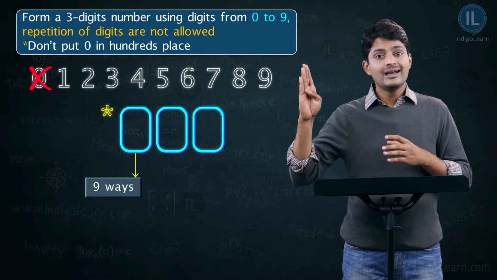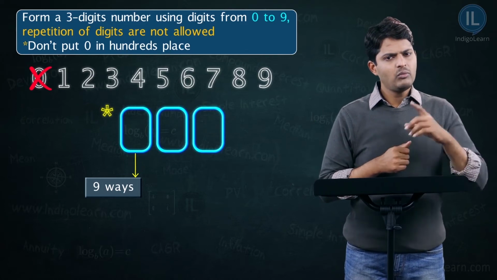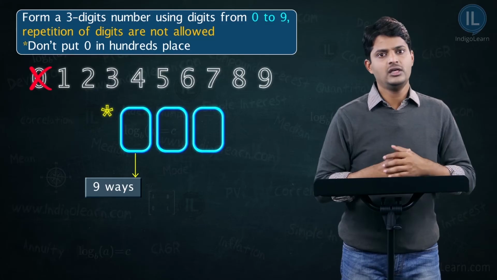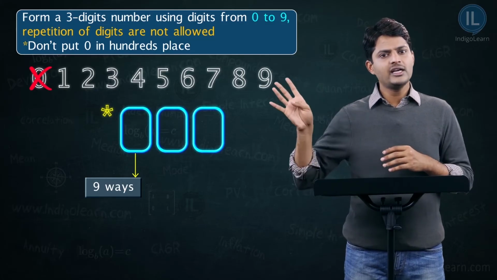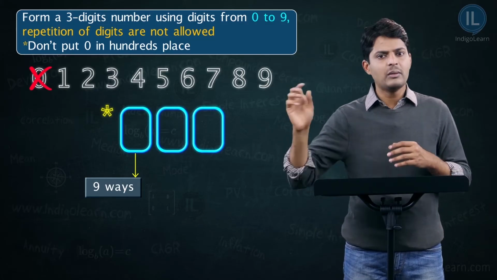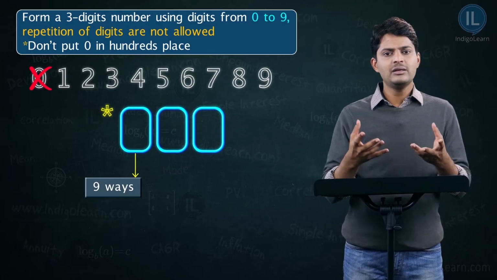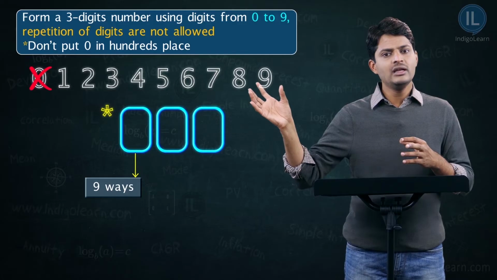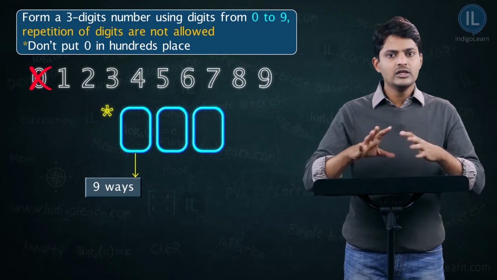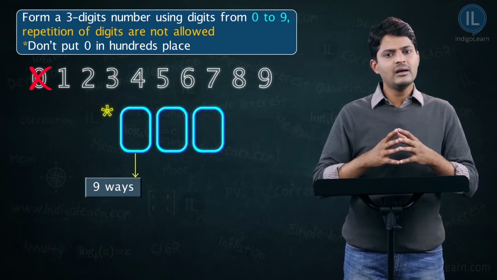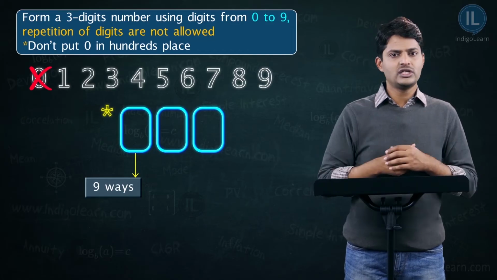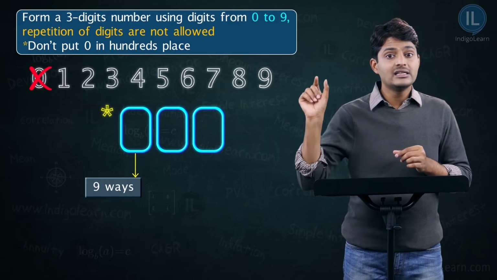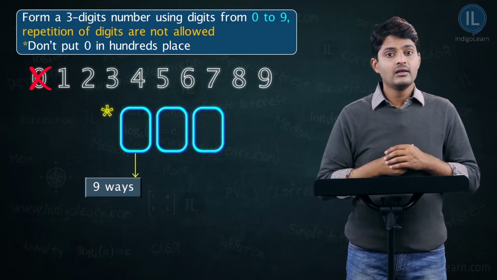Now, coming to the tens position guys, right? Now, my question is, can I put 0 in the tens position? Yes, why not? Because the moment the hundreds position is filled with a non-zero number, it will automatically become a 3-digit number, because even if 0 comes in the tens position, it will not alter your 3-digit number. It will still be a 3-digit number. It will not become a 2-digit number. Now tell me, in how many ways can I fill the tens position? Yes.